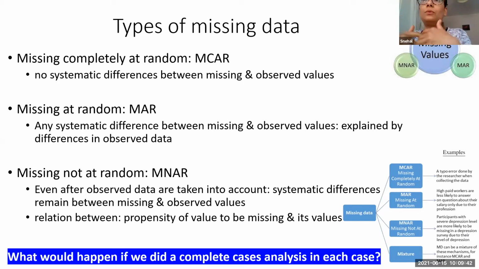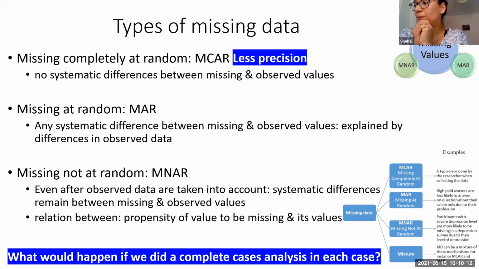If our data was missing completely at random, meaning that there's no systematic difference between the 50 people that we're examining and the 50 people that we've dropped, what would happen is we just lose precision in our results. Our results are not going to be biased because the 50 people that we're examining are identical to the 50 people that we've dropped. The only thing is we've lost power because instead of examining 100 people, we're now looking at 50, okay?